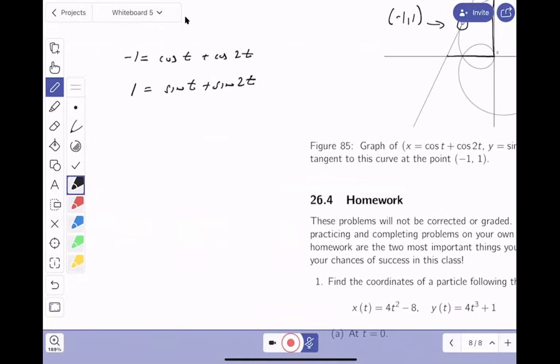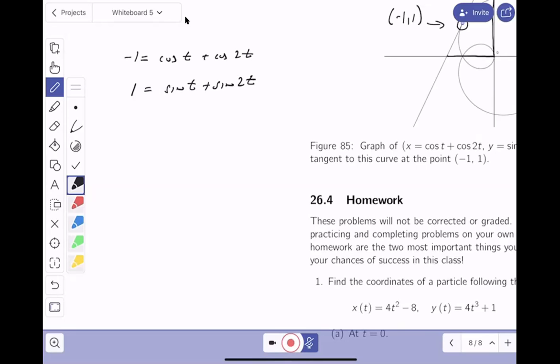Right, so I know this. Someone says, if you know this, could you figure out the t? Well, I'll be honest with you, I got some troubles over here, but I have to see if I can do that.